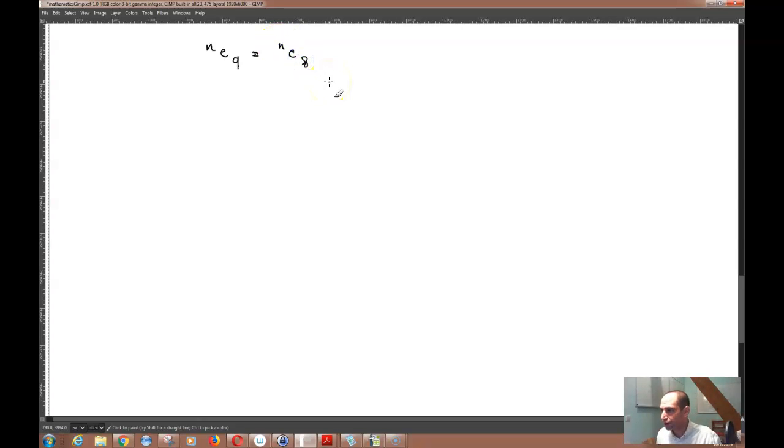We want to find n combination 17. You can see that 8 and 9, if you add them together, you get 17.